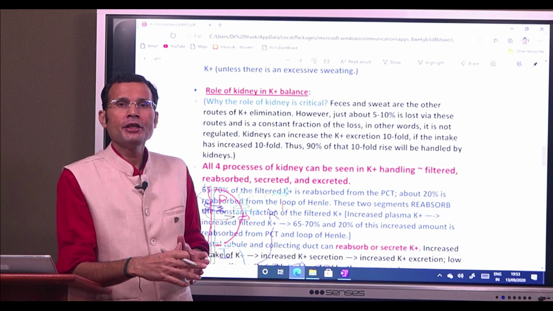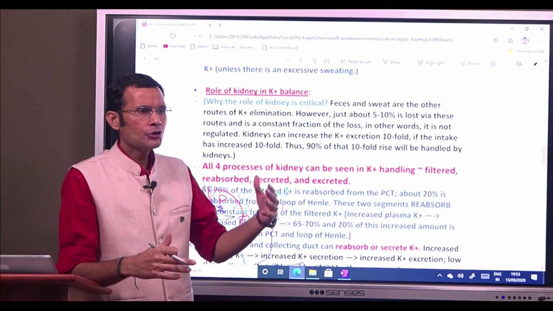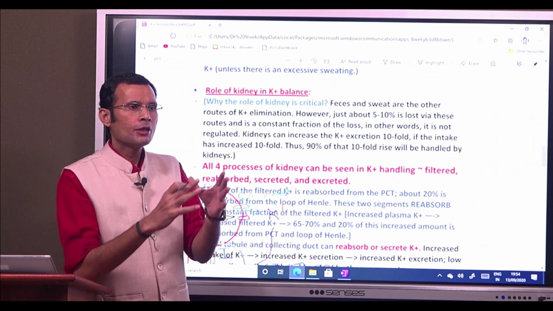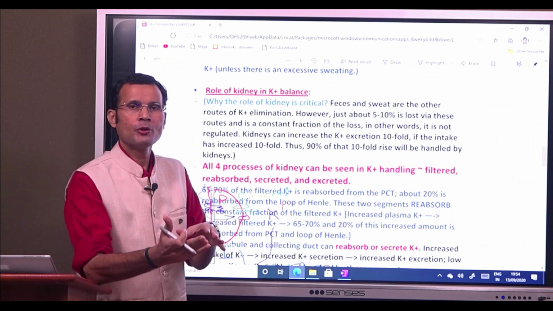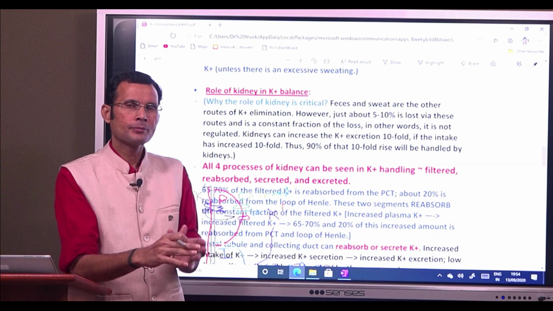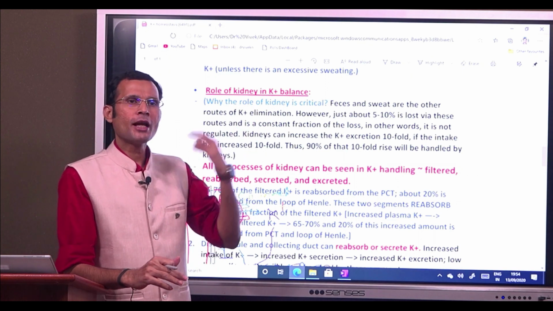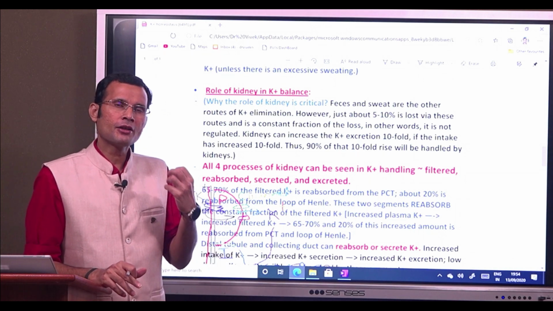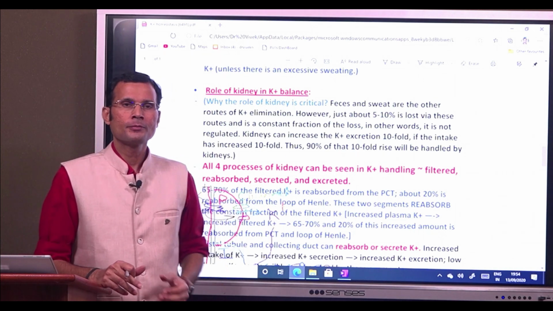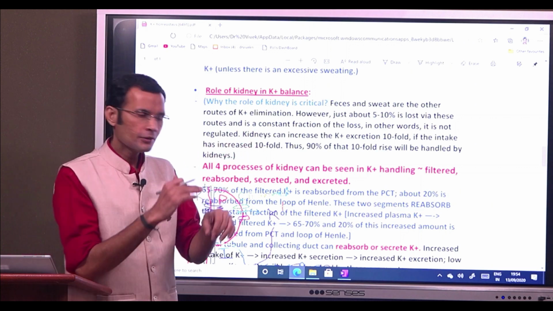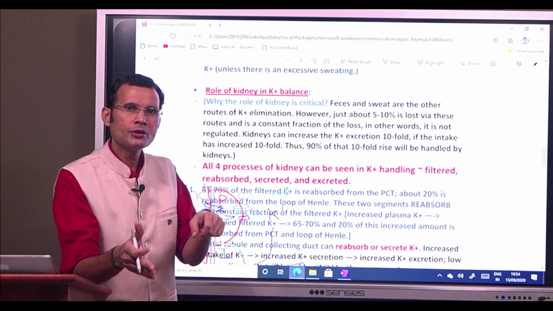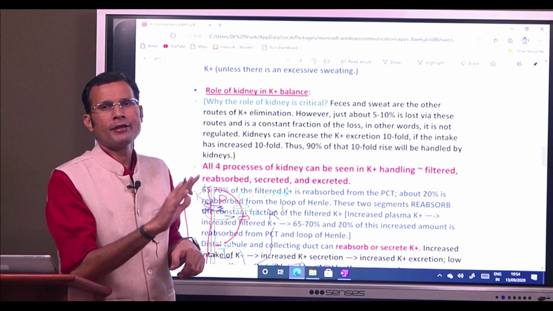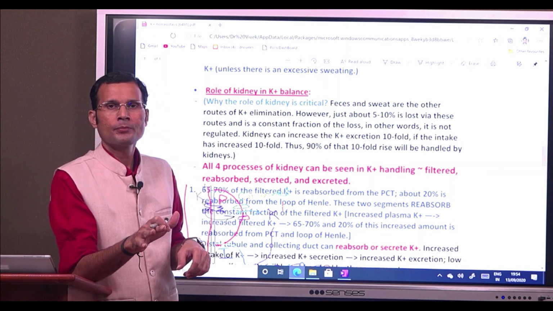As I mentioned already, the stools, the feces and the sweat, their fraction of potassium loss is constant. Whatever potassium intake is there, even if your potassium intake rises by 5-fold, the skin and the stools, GIT will excrete only a constant fraction of potassium from that.